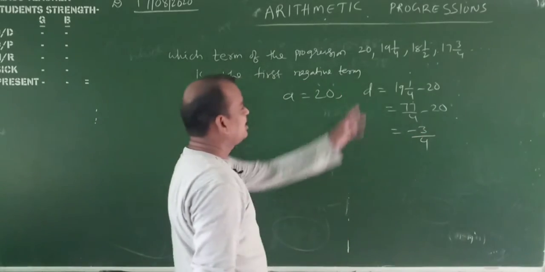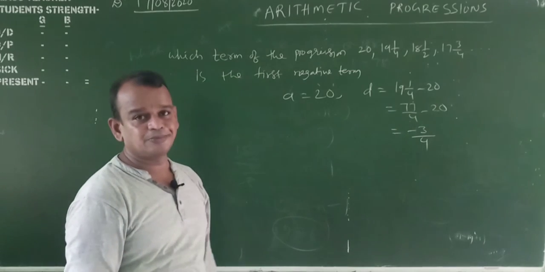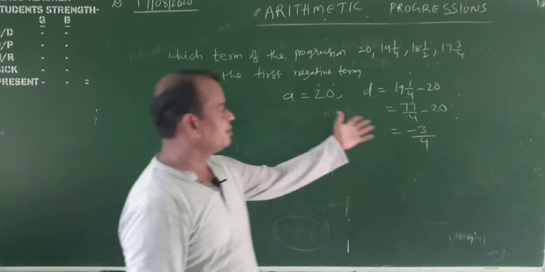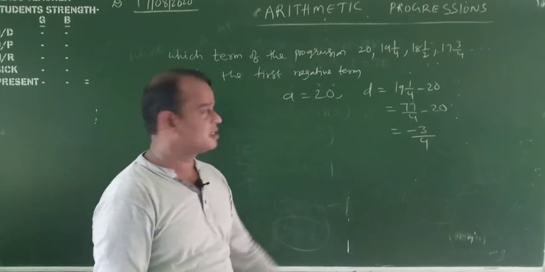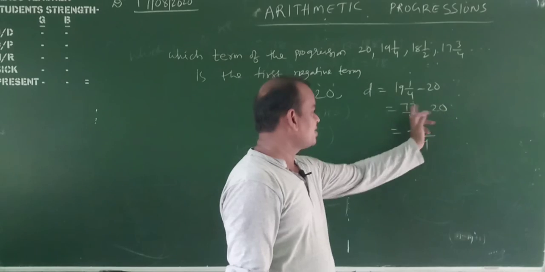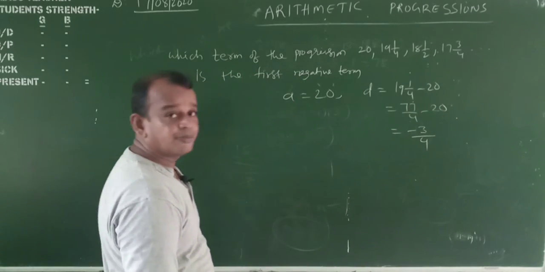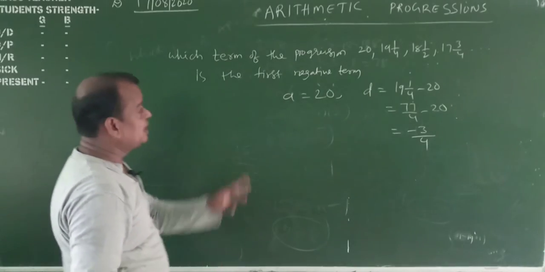100% it is a decreasing sequence. Decreasing means the D value must be negative. Now, which term of the progression means we find the nth term that is negative.